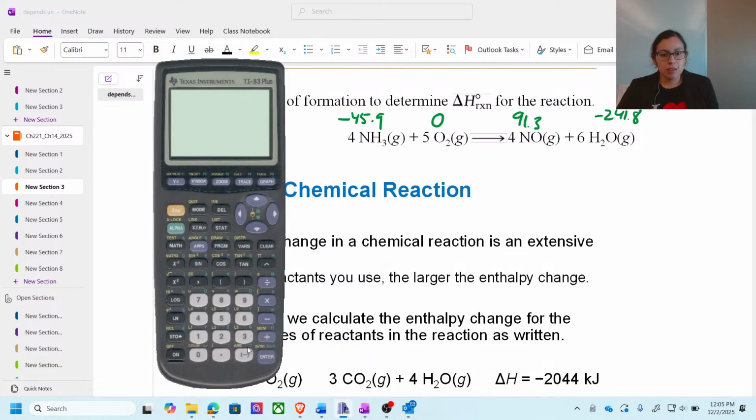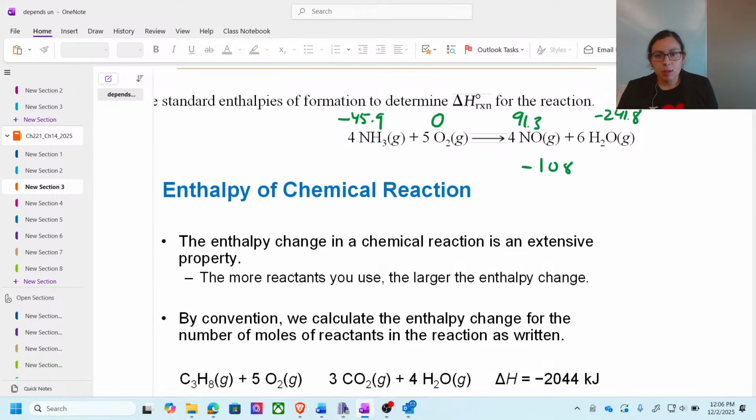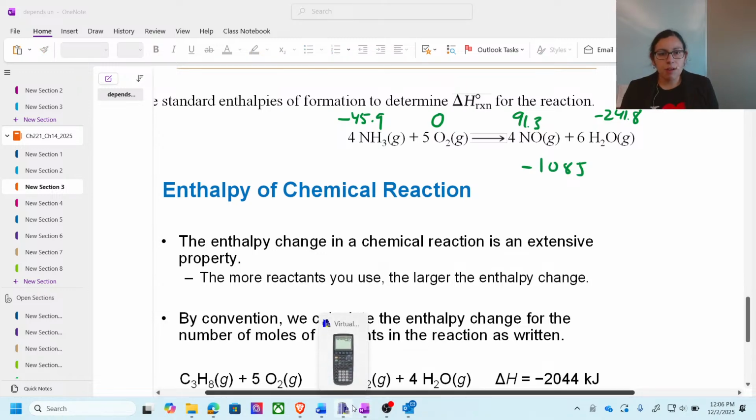Let me clear this. So negative 241.8, times 6, again since we have 6 from our balanced equation. And then plus our... So I'm going to write that down for a second. Our products come out to negative 1085.6.